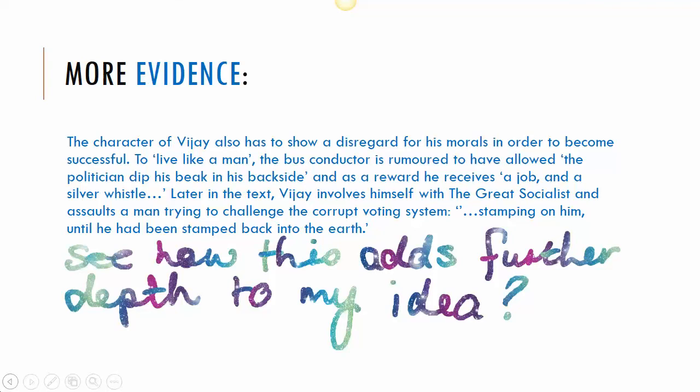And I'm talking about Vijay. So, the character of Vijay also has to show a disregard for his morals in order to become successful. Again, I've got that word success and morals. Keywords. To live like a man, which is a quote.